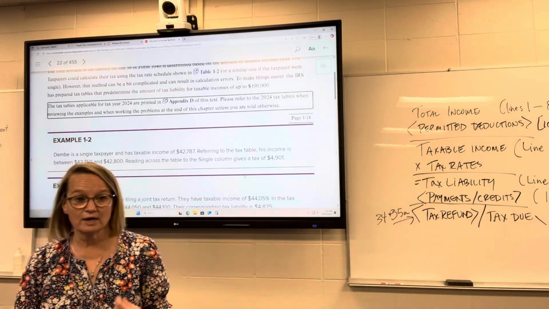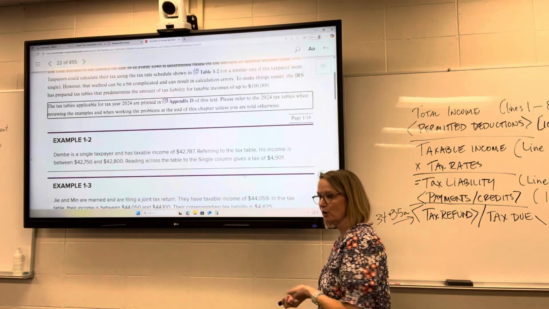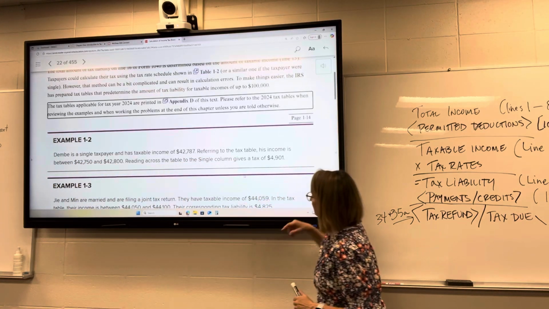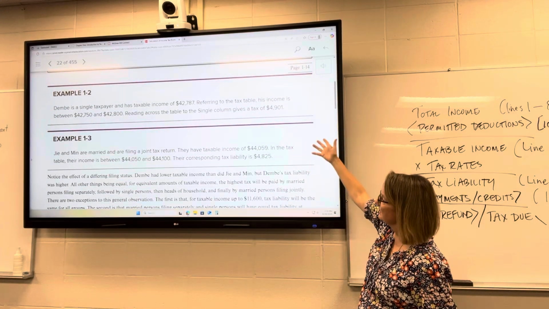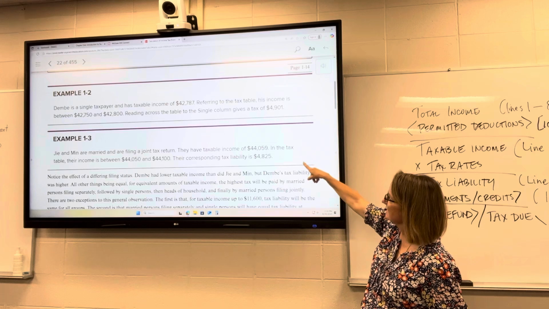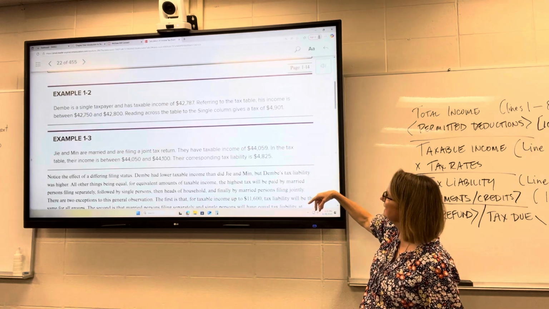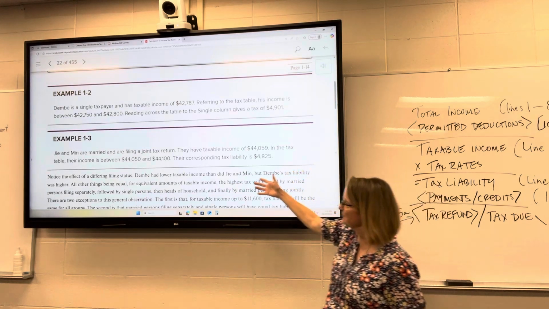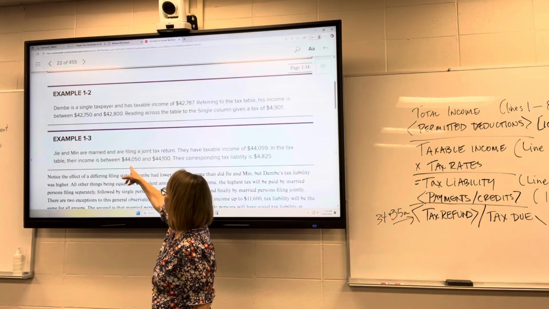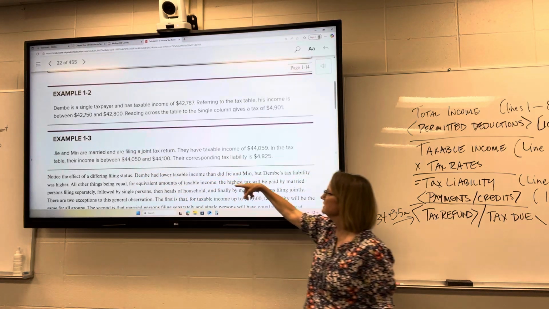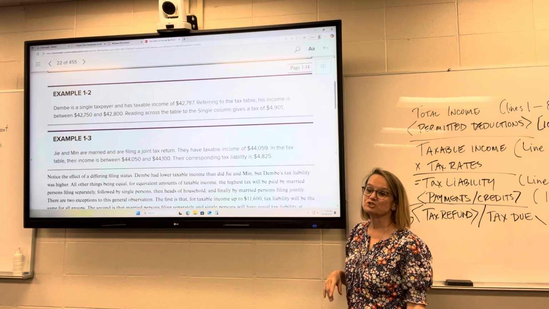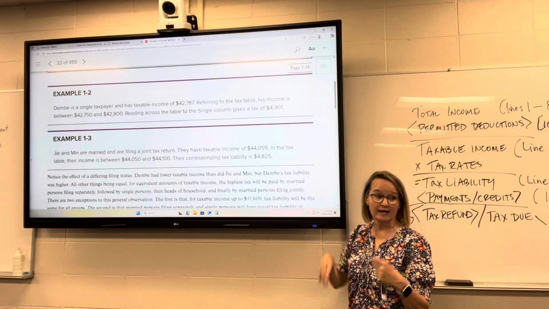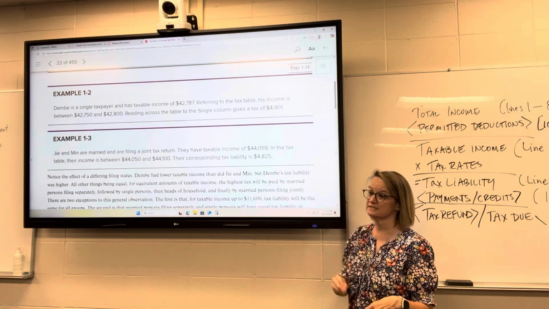Right? So I know you've got some problems where they want you to do both, and so you'll see that it might be just a little bit different. This one, same sort of thing, but they're married filing joint, taxable income $44,059. So if we were to look at the table, it falls between $44,050 and $44,100. Tax liability is $48,025. So it's just that one table that you have to look at, because all the filing statuses are on the same table.